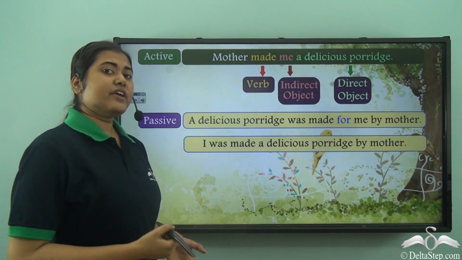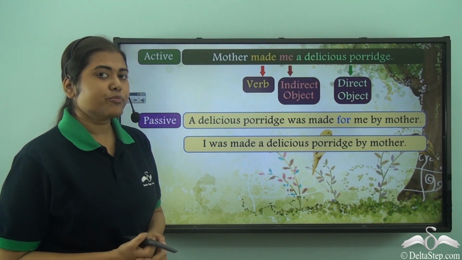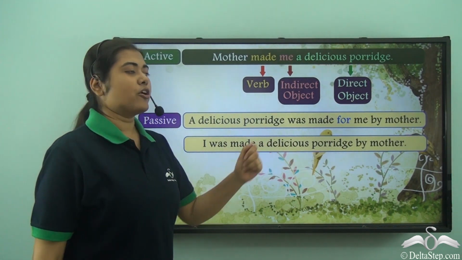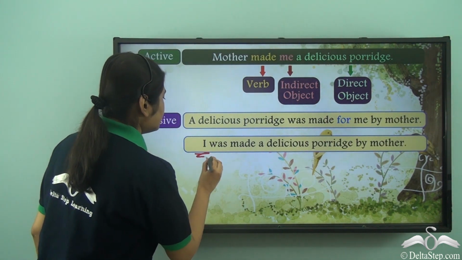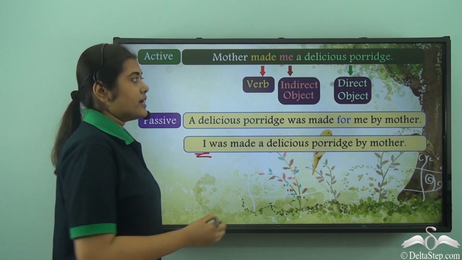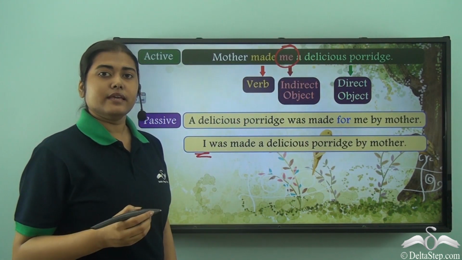Now, if we had to take the indirect object as our subject, then what would be the sentence? I was made a delicious porridge by mother. Now, what have we done here? I becomes the subject. In the active voice, we had the object pronoun me.